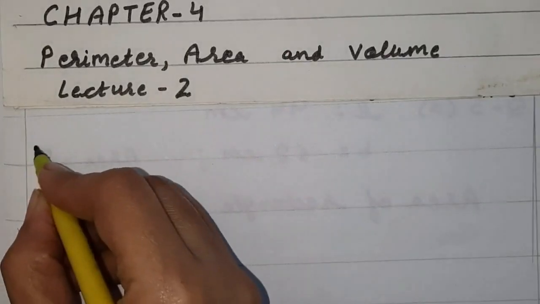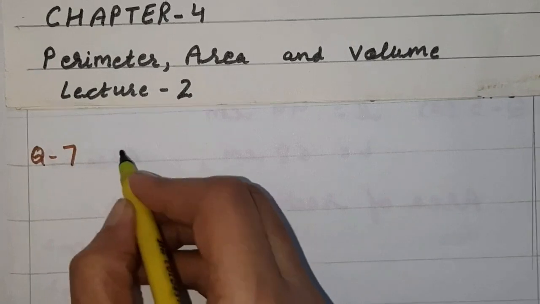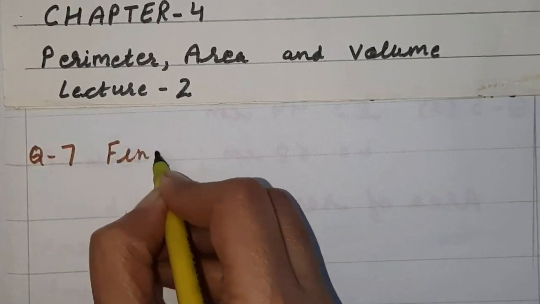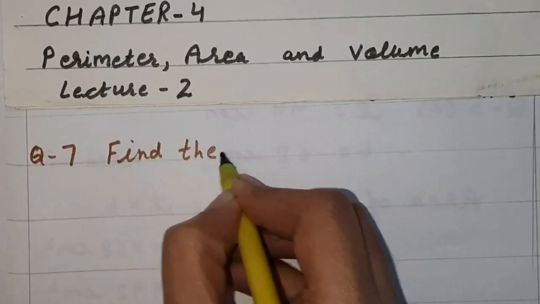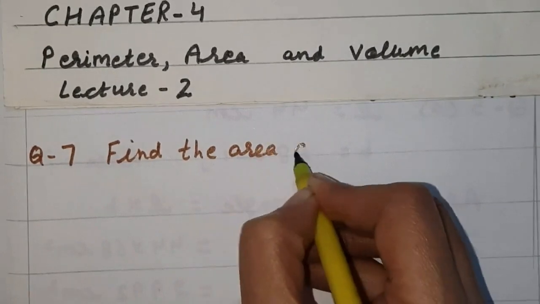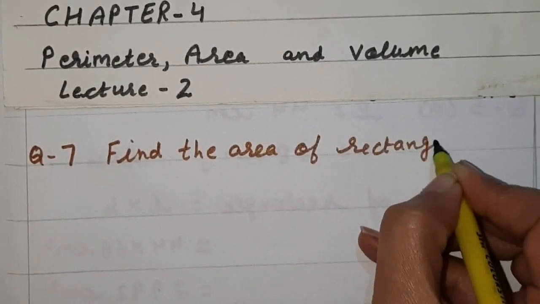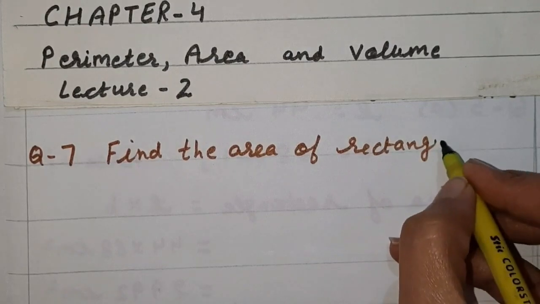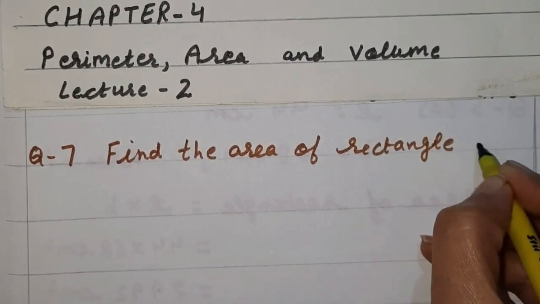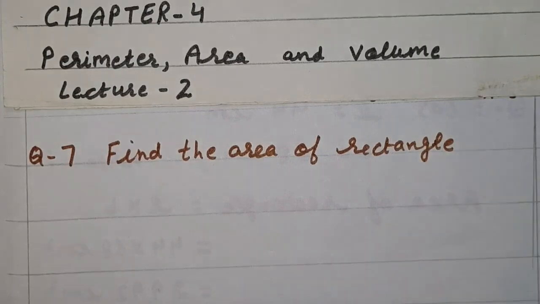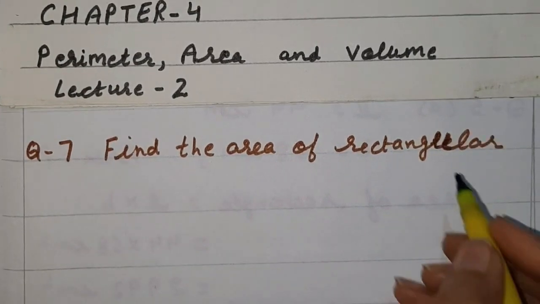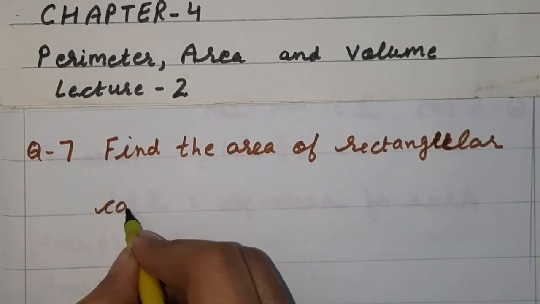Now question number 7. Find the area of rectangle. It is rectangular canvas.